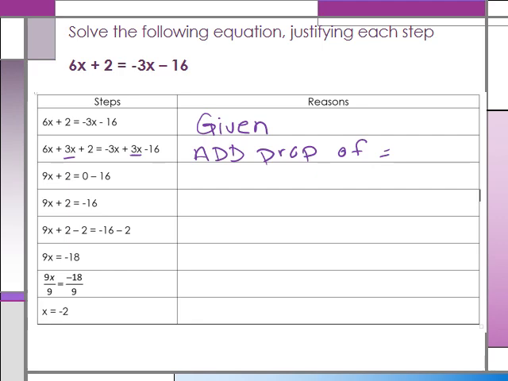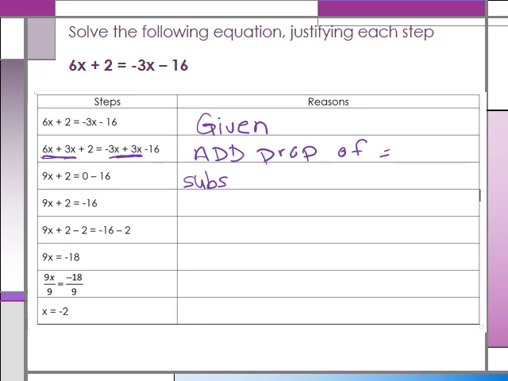So now what we have is 9x plus 2, so we've combined those, equals 0 minus 16. So this actually technically has two things going on here. We're substituting, and we could say substitution actually for both. Substitution.